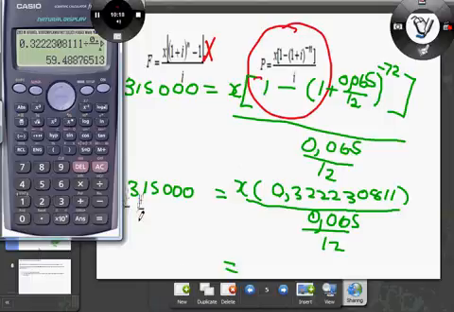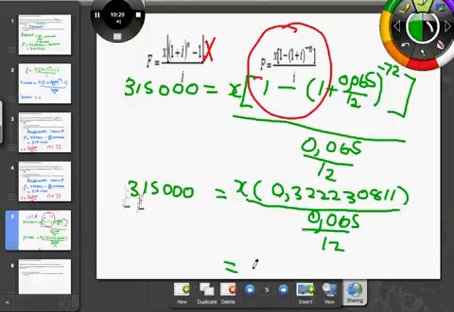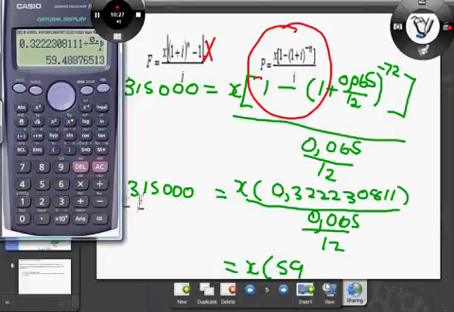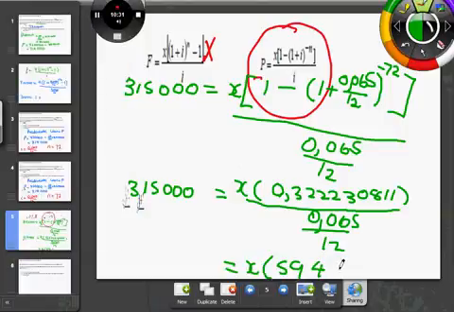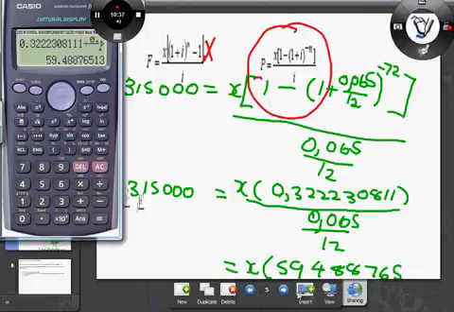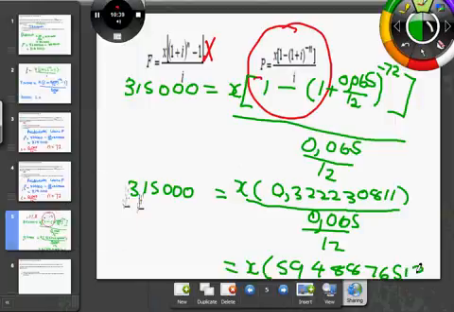Then you get 59. So it's going to be x in bracket 59,48765. Try not to round it off, because you will then create an error of truncating. Then this will be 315,000.